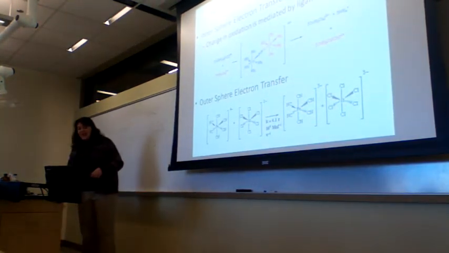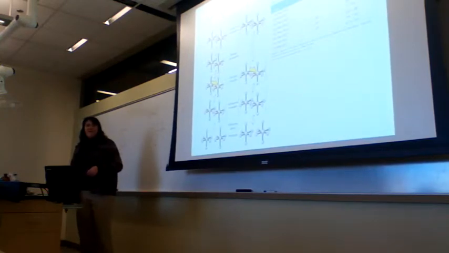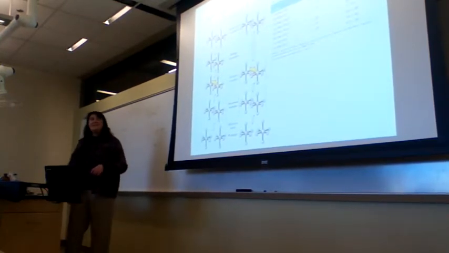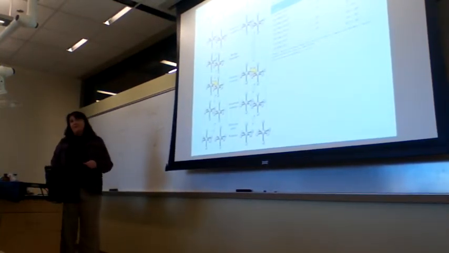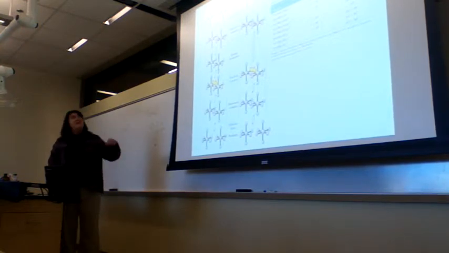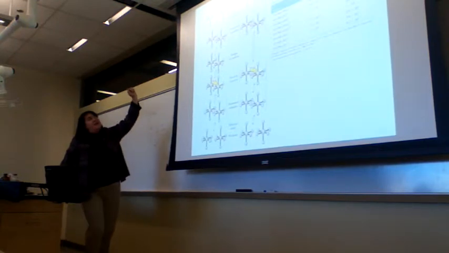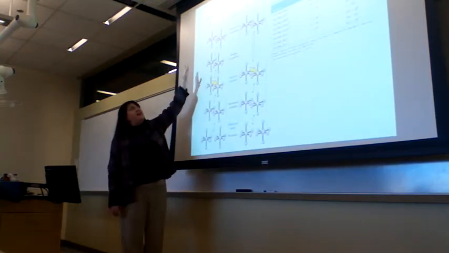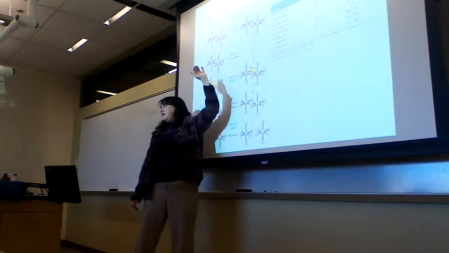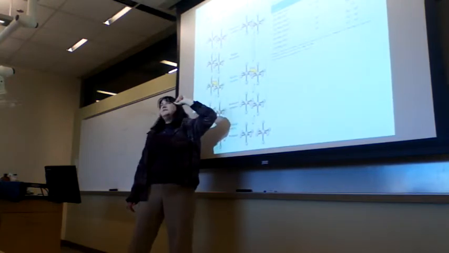So go to the next page, and you'll see, on the next slide, the difference between inner sphere and outer sphere. So you have our 2 octahedral complexes. For an inner sphere and an outer sphere, first they have to get close enough together. That's the precursor complex.